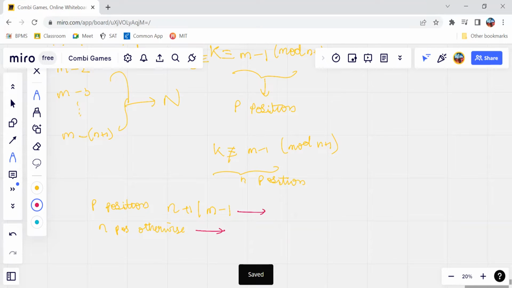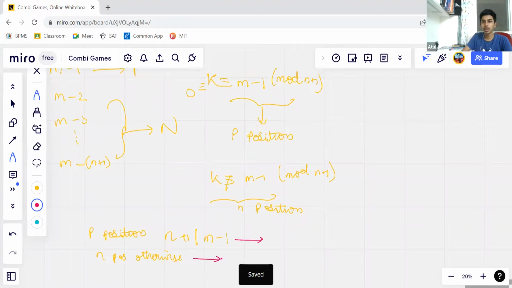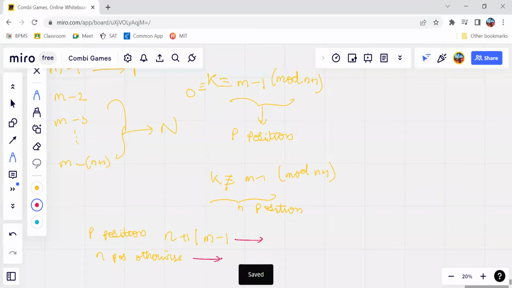But if n plus 1 divides n minus 1, then it would be an N position, right? No, we said that if k is congruent to m minus 1 mod n plus 1, then it's a P position and it's an N position otherwise. Okay.